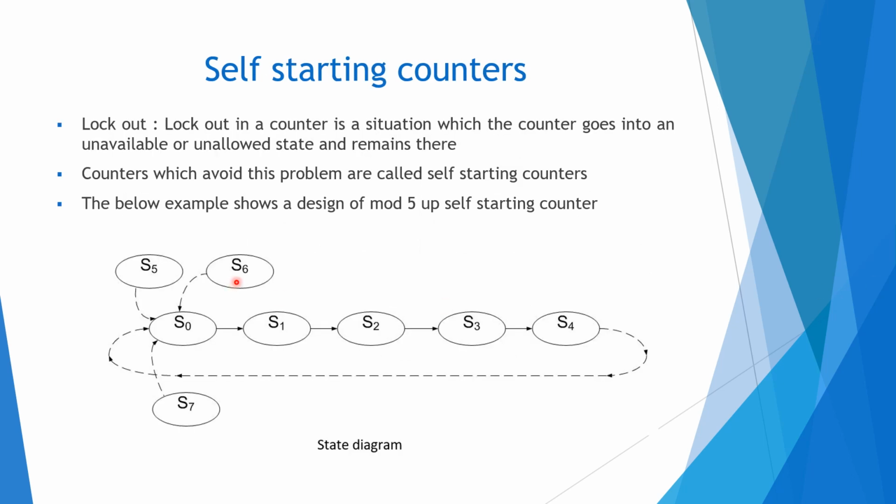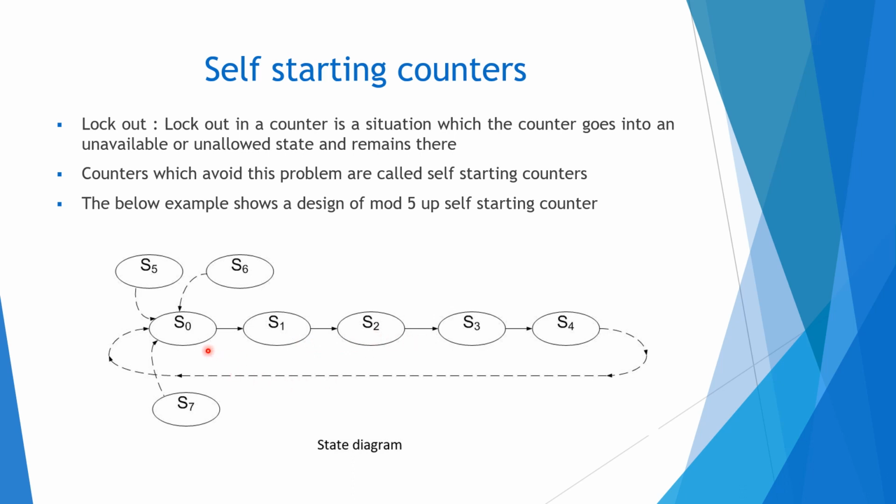So we have studied all the counter logic. Now there is a problem in a counter. Suppose we are using some fixed states for the counter, that is, if you are using three flip-flops and the number of states is less than 2 raised to n.